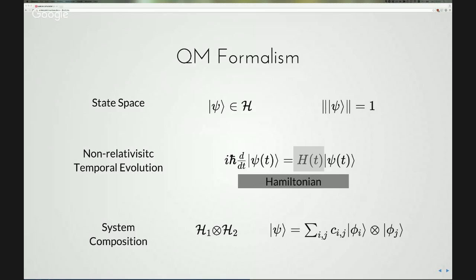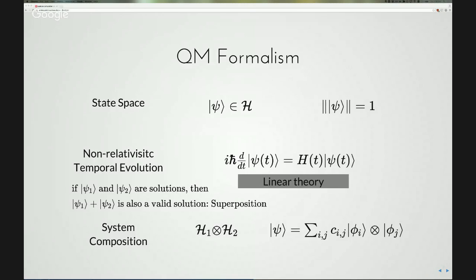It basically correlates with the total energy of a system. So what it says is that the rate of change of the state is affected by the total energy. That's basically what the Schrödinger equation says. You can ignore the i and h bar. Those are just constants, so not really important.